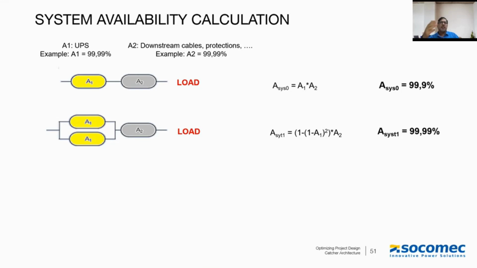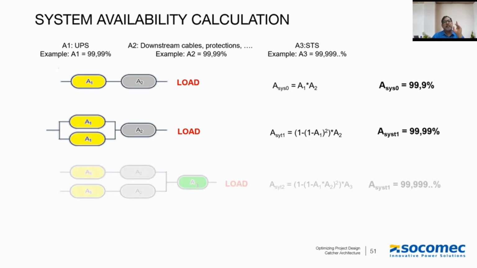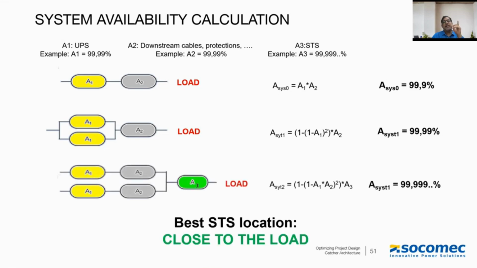Now these can be substantiated by proper calculations also. Okay. Now if you compare the third situation, what we discussed as a block redundant architecture using catcher and STS, you can see that the addition of the STS in fact increases substantially the availability factor of the entire system, as illustrated here, from 99.99 to 99.999.